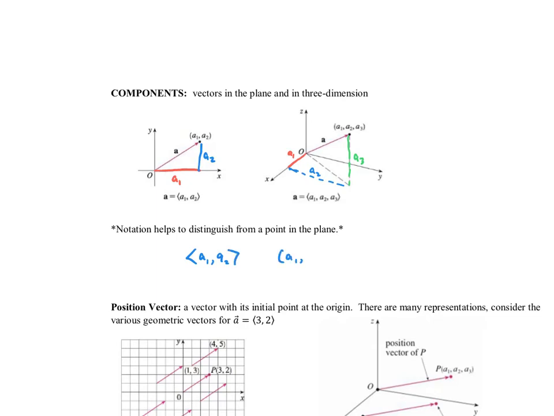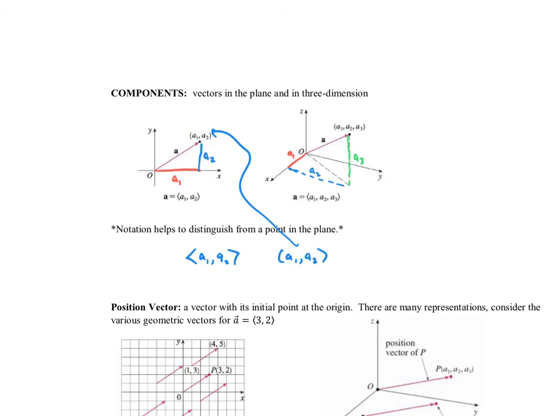Now, here's the part that I think sometimes we get a little bit thrown off by, and that is that if you notice the point a sub 1, a sub 2 exists at the terminal side of the vector a that we just defined. Now, vector a happens to have the same components as the ordered pair.